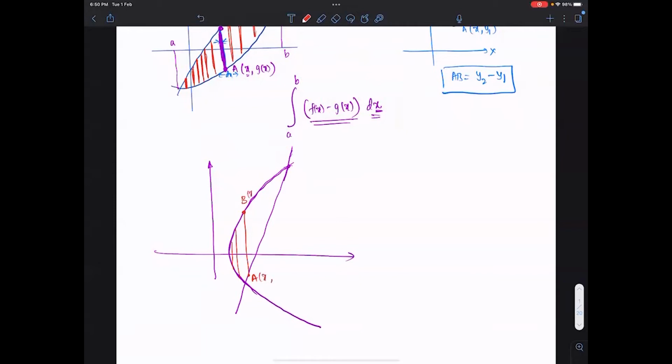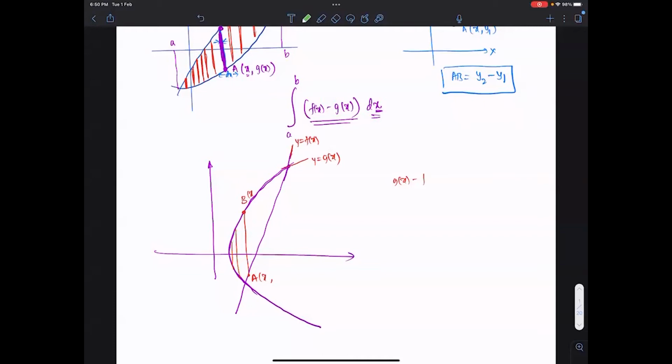Now what is the height of this rectangle if I ask you? If this line function is f of x and the parabola is, let's say, g of x, you can't say it is g of x minus f of x now, because there are some rectangles here whose above and below both are not the same kind of curve, below one is not the line, no? So there is a discontinuity.